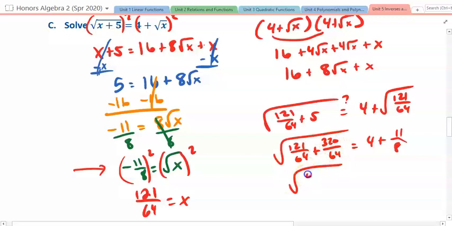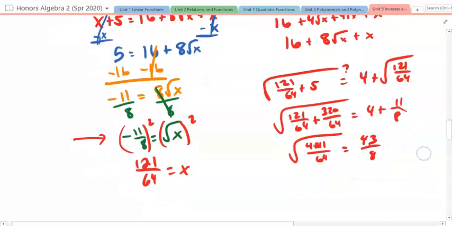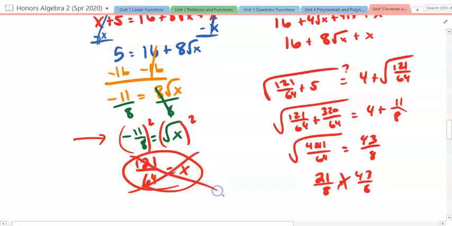So this is going to give us the square root of 441 over 64. And this is going to give us 32 plus 11. 32 plus 11 is going to be 43 over 8. And the square root of 441 is 21 over 8. So does 21 over 8 equal 43 over 8? It does not, so it doesn't check out. So this answer is actually not valid.